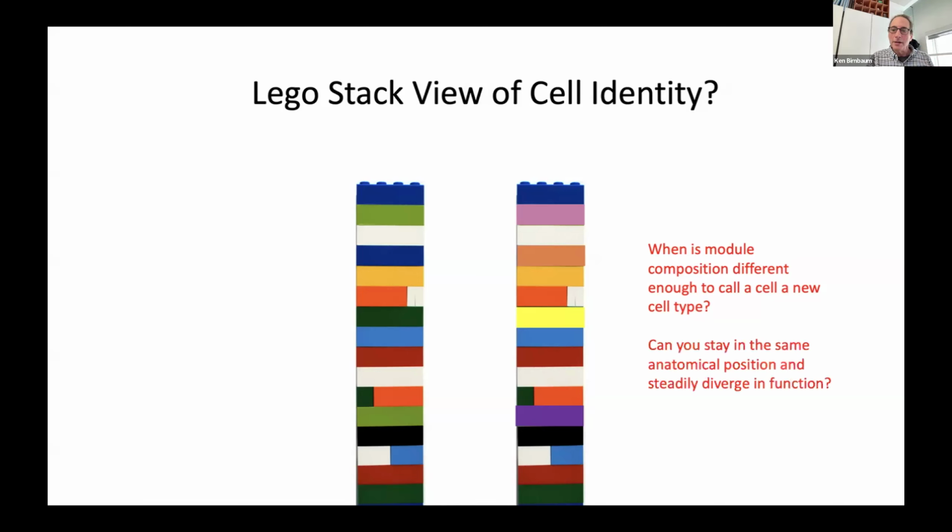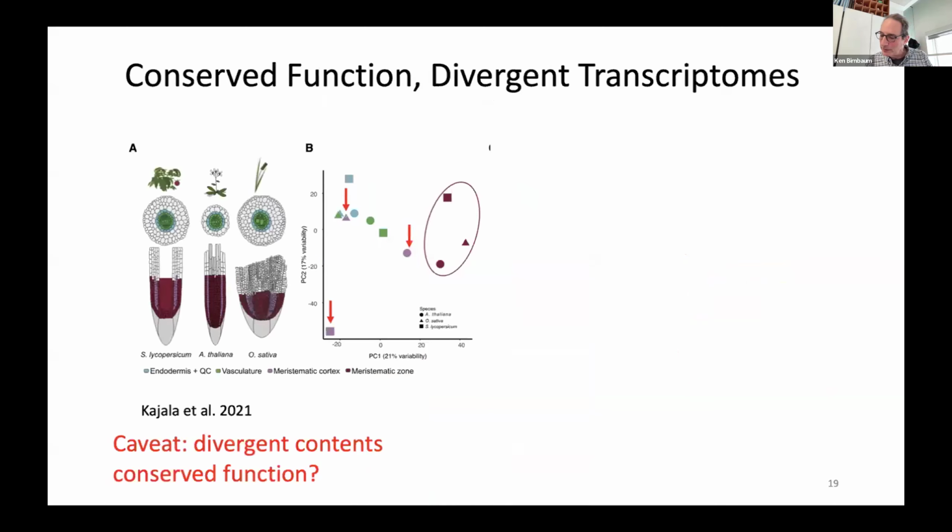Okay. And then, other caveats. Well, can you stay in the same anatomical position and diverge in function? Here, I'll bring up some of Kaisa's old work, really elegant work, still in the cell sorting days, looking at the different cell types across tomato, Arabidopsis, and rice.